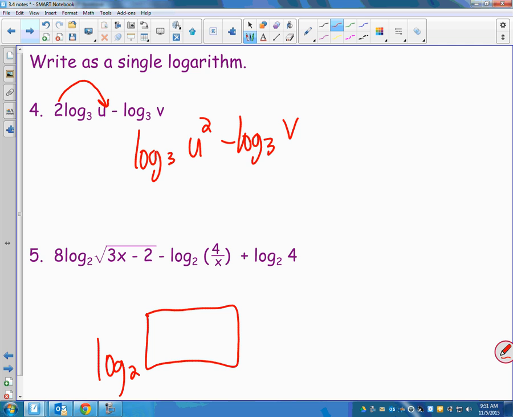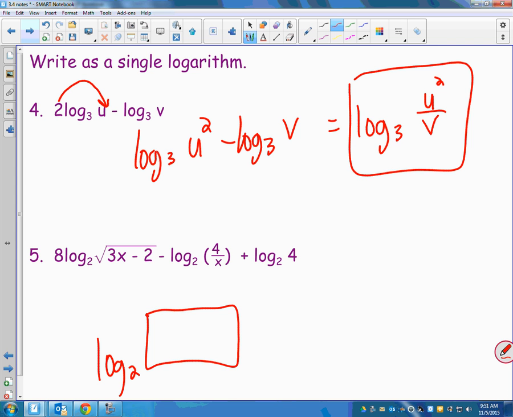And once I have nothing in front, then I can say subtraction goes back as division, and you only write log once, right? So it's u squared divided by v, and you can always check if you broke it apart, would you get back what you had over there, and that's how you know if you did it correctly. Questions about that?